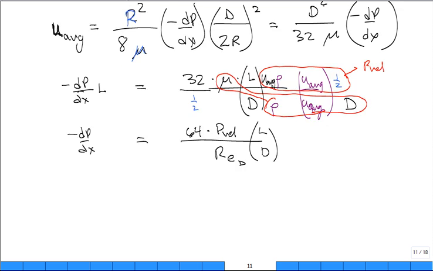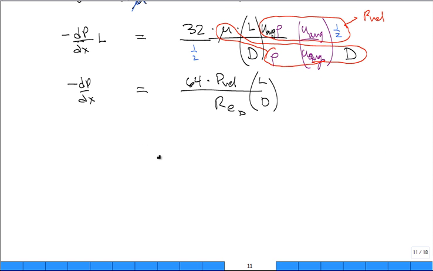All right. I know it's taken me a while, but guess what? Let's flip this over. Negative dp dx times D over L, divided by the velocity pressure 1/2 rho v squared.